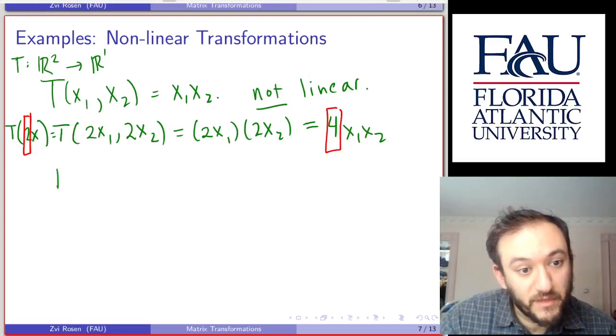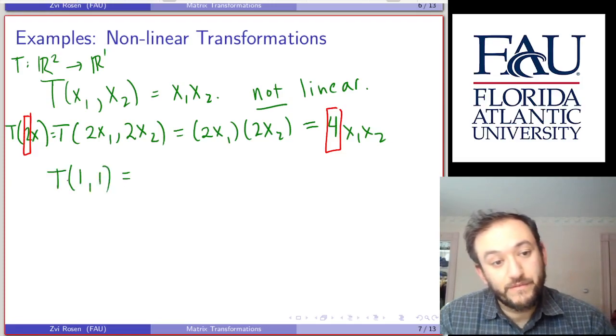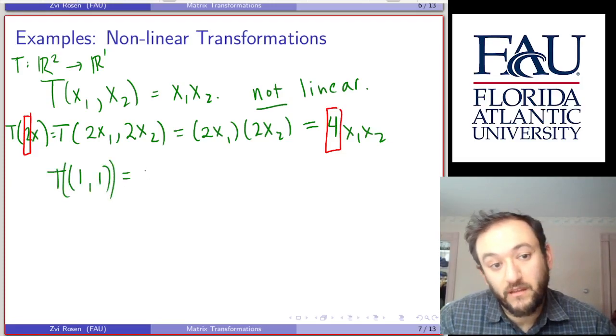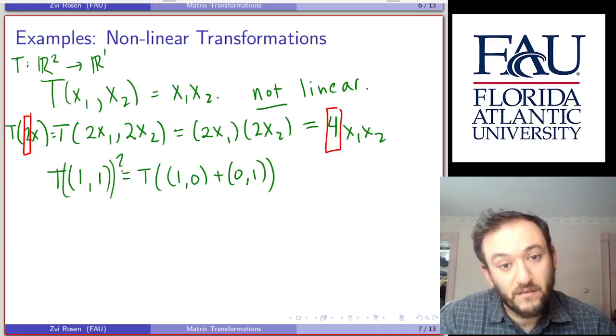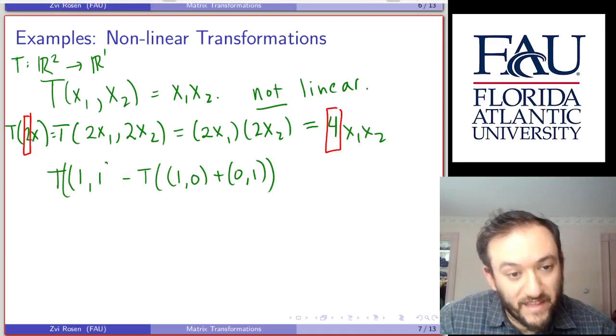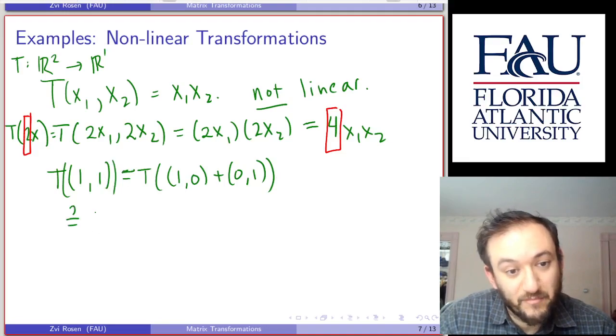Another example would be T of 1, 1. If you take the vector 1, 1, this should be the same as the vector 1, 0 plus 0, 1. The question comes when you ask, is this the same as if you were to apply it to each separately?